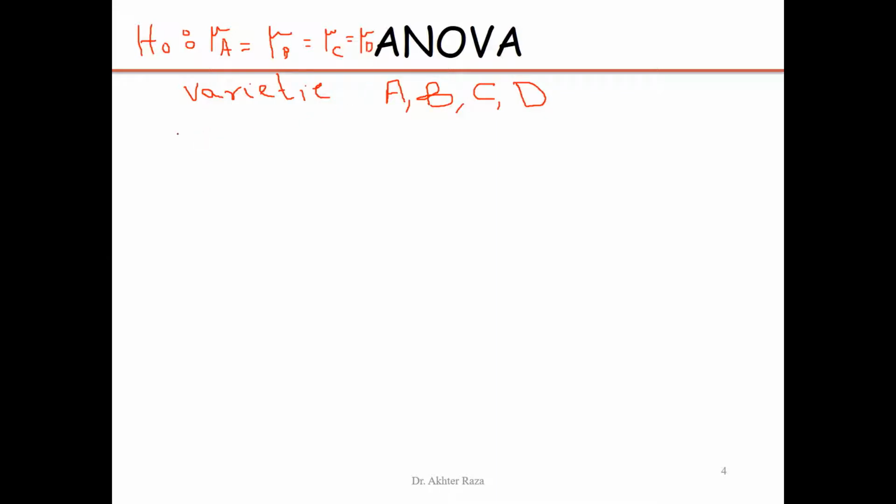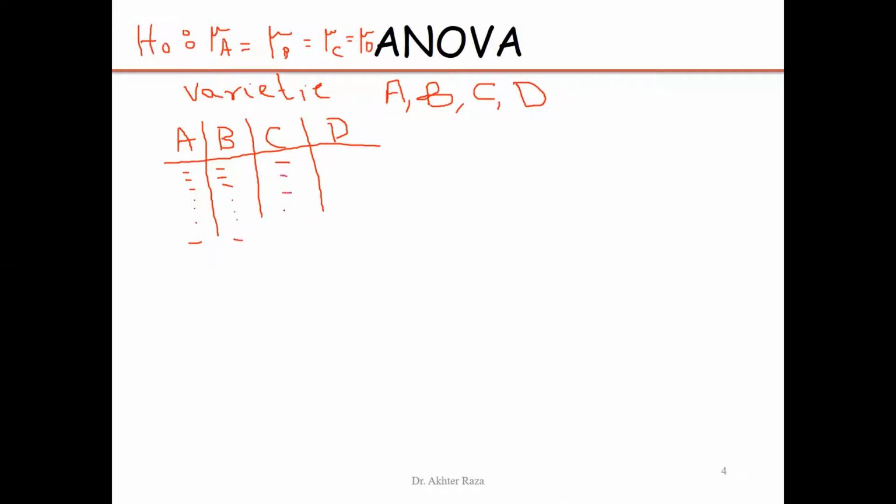We have 4 columns, Column A, B, C, D. Suppose a sample size of 10 is selected. 10 seeds of variety A are randomly chosen and planted. Their outputs are these. 10 seeds of variety B are planted and their outputs are these.